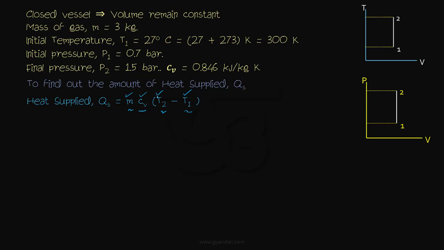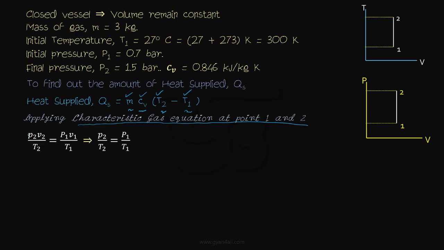So for the process 1-2, which is a constant volume process, we can apply one law. We can apply the characteristic gas equation at points 1 and 2, and this will give us a relation like this: P2V2 divided by T2 equal to P1V1 by T1. Since the volume V2 is equal to V1, the relation becomes P2 by T2 is equal to P1 by T1.